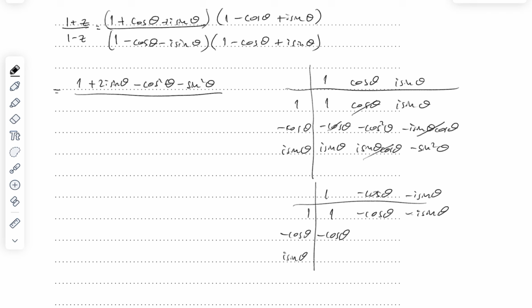Negative cosine theta, cosine squared theta, i sine theta cosine theta, i sine theta, negative i sine theta cosine theta, and negative i squared makes it positive sine squared theta. So it's over, this cancels, this cancels, as expected all the imaginary parts cancel to give us 1 subtract 2 cosine theta plus sine squared theta plus cosine squared theta.